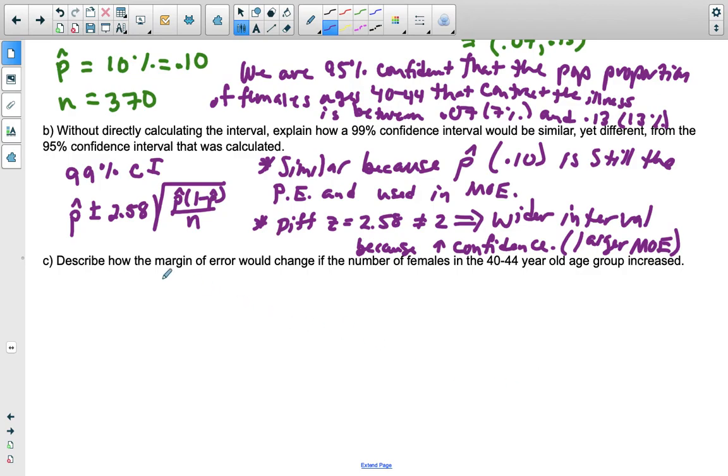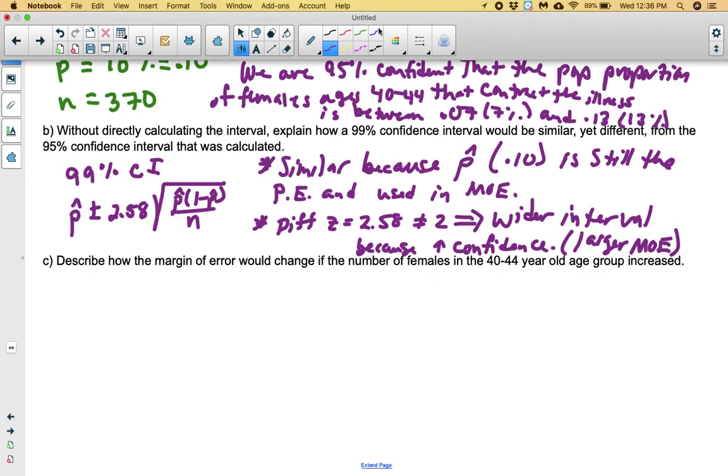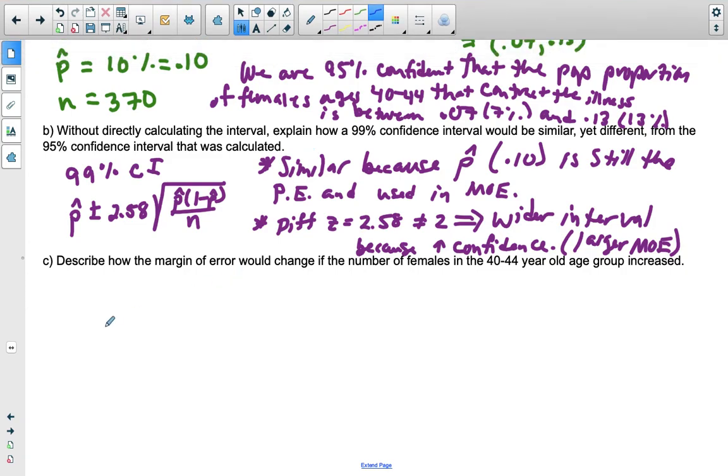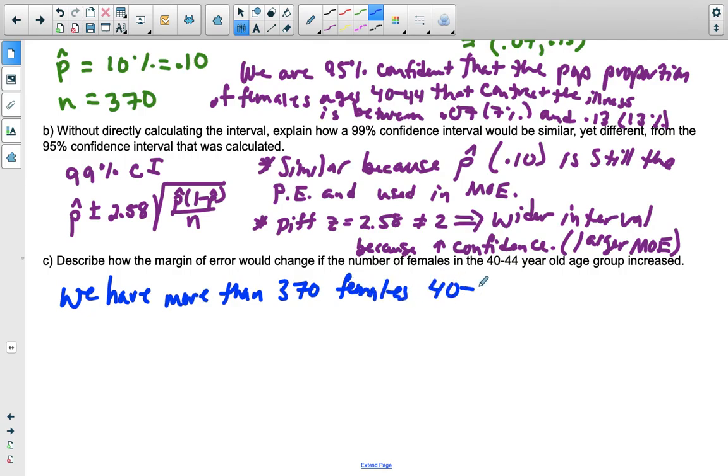Okay, describe how the margin of error would change if the number of females in the 40 to 44 age group increased. So this is saying, what if we have more than 370 females ages 40 to 44?